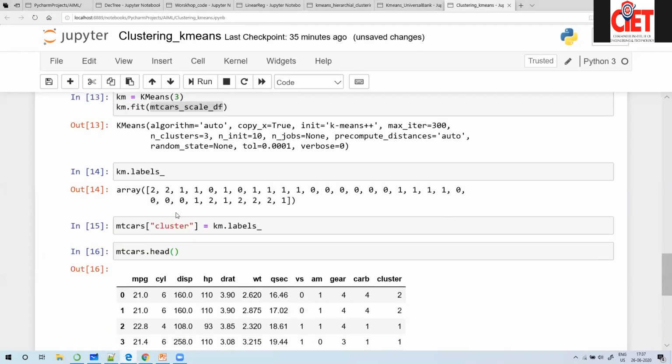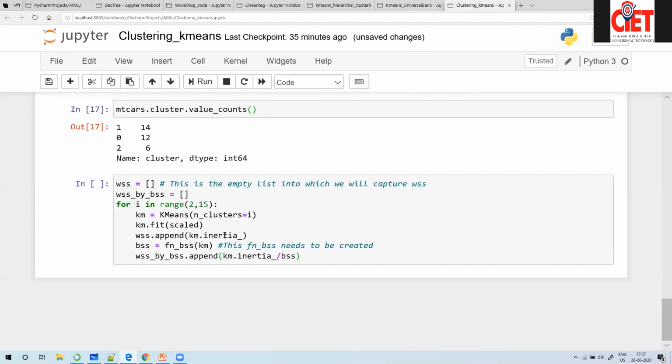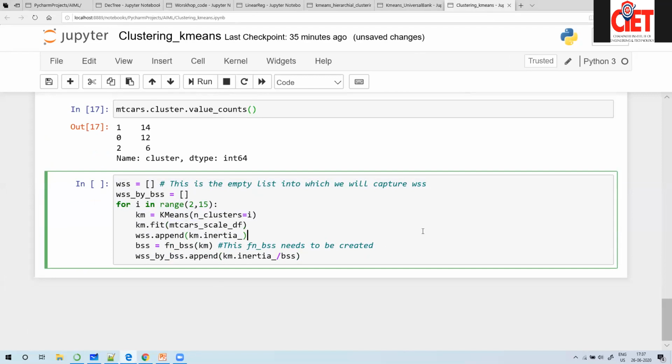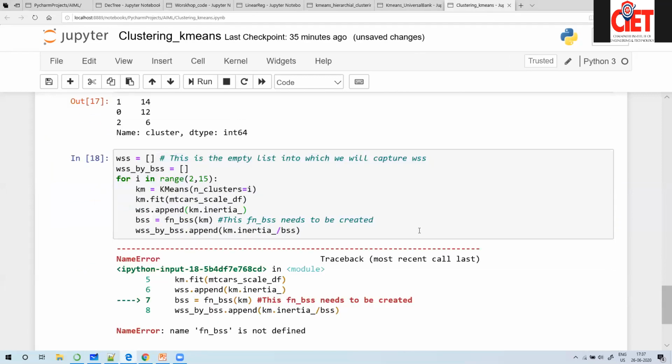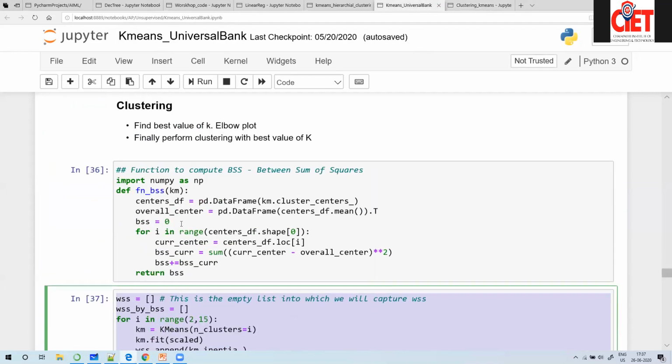km.fit, and here we need to give our scaled data. So this is our scaled data. Okay, this function needs to be created. Let's create that function.